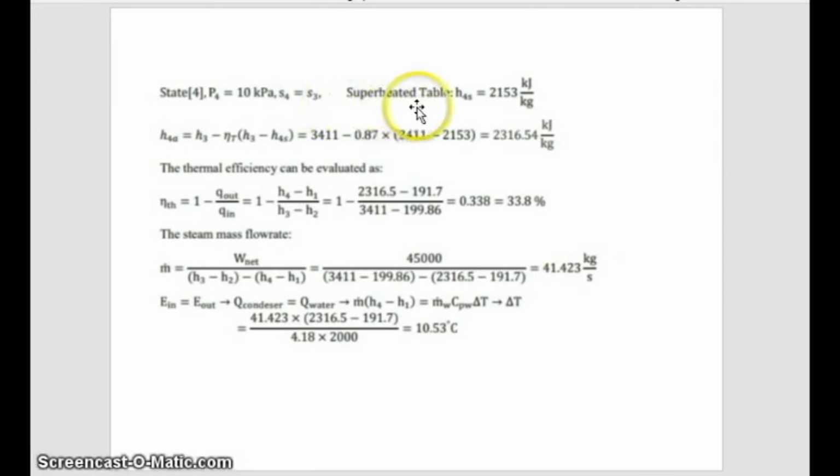So using the superheated table in the properties table, you will get the answer for H4s. And again, using the isentropic efficiency of the turbine formula, simplify that formula, then you get H4a.